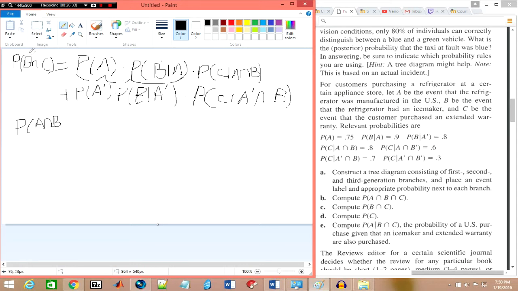Okay, so the probability of B intersection C, either A happens or A doesn't happen, but both of them are in there.